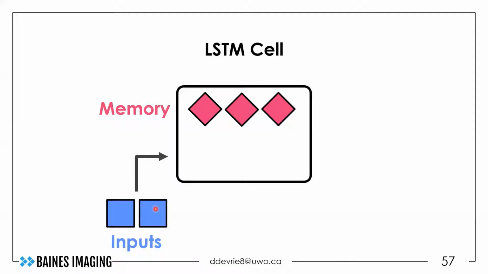And here, each of these shapes is representing a single scalar value. So for our inputs, 2 blue squares means that it's a vector of 2 elements that's being put as input. And these diamonds, which are going to represent values that are moving around our LSTM cell and network, each of these is also representing a single scalar. So our memory in this case has 3 scalar values that it can store.